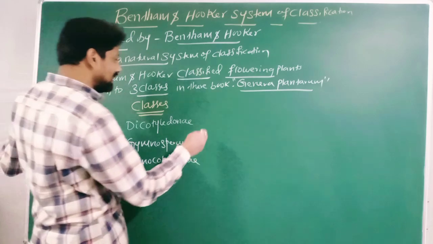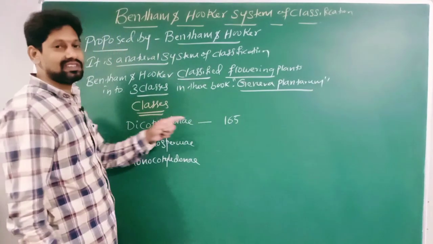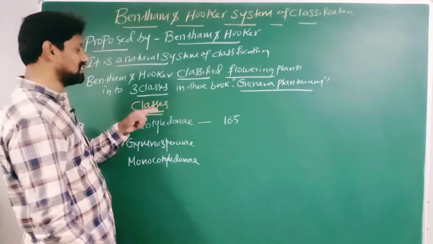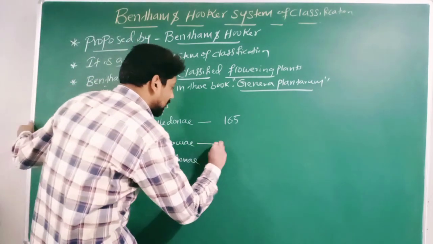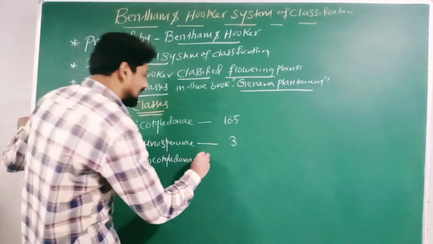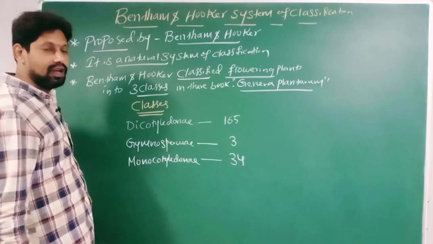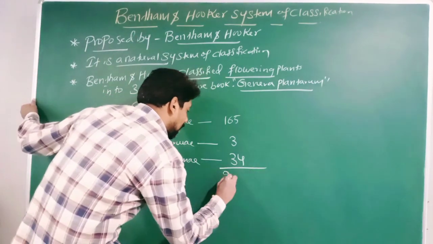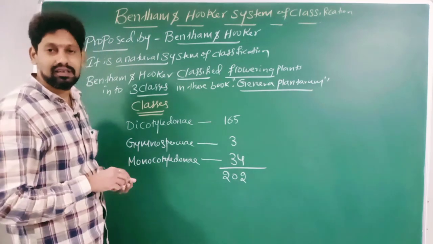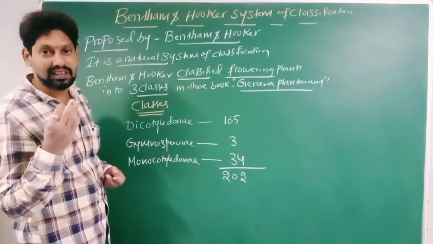Sir, Dicotyledonae has 165 families. This is according to Bentham and Hooker, 165 families. Gymnospermae has 3 families. Monocotyledonae has 34 families. Therefore, total families, how many, sir? 202 families. But Bentham and Hooker used the word natural orders.